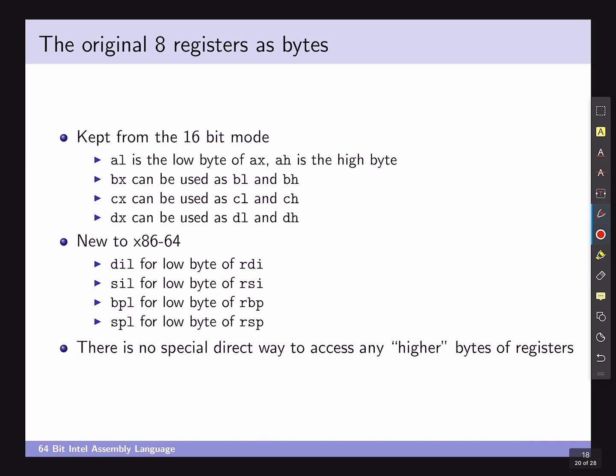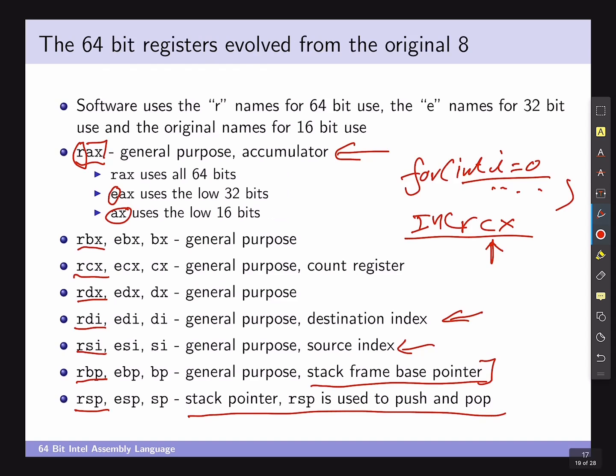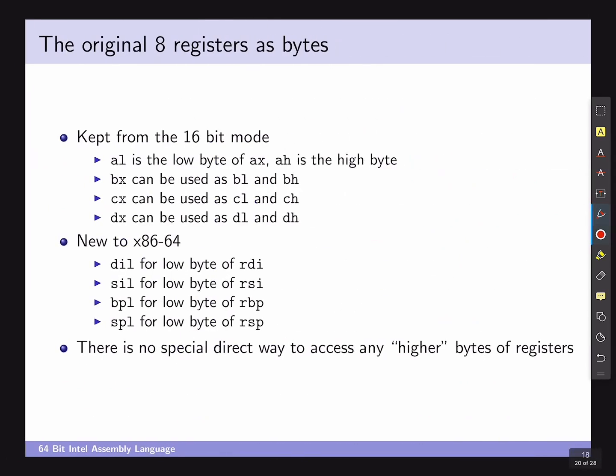We also have the ability to access the lower parts of some of the 16-bit registers. And this is largely a carryover from when we had 16-bit assembler. But if I, for example, have the register RBX, it is possible for me to get the bottom 8 bits and the top 8 bits from that register and actually treat them kind of independently. So in that case, BL will be the lower 8 bits of BX, and BH will be the upper part of that as well.